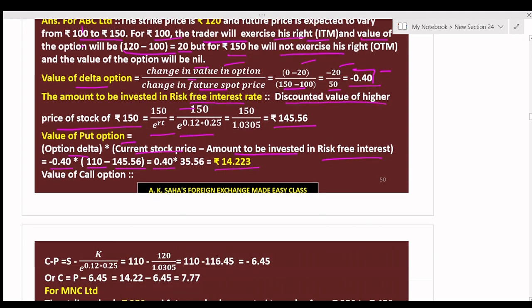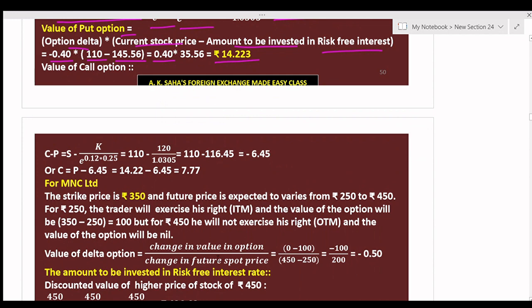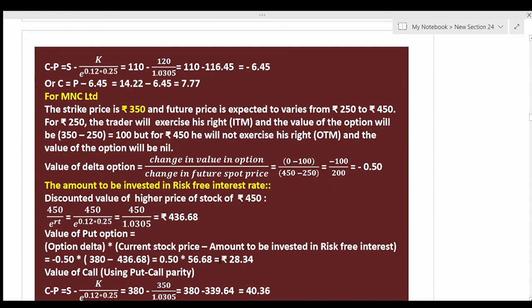Now, we have to find out the value of the call option. You put the values: C minus P is equal to S minus K by e to the power RT, that is 0.12 into 0.25. That is equal to spot price 110 minus 120 by 1.0305, that is equal to 110 minus 116.45, which is equal to minus 6.45.